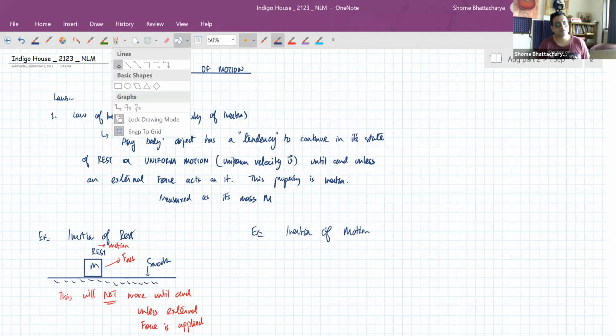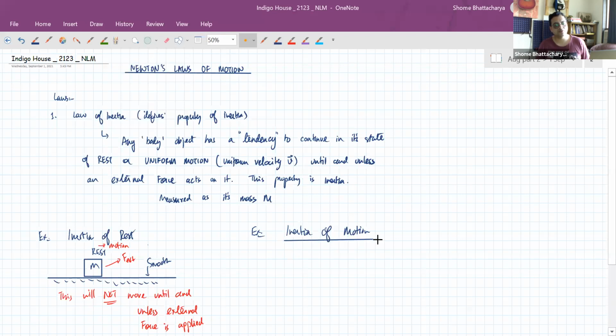So let's say we have already applied a force on a body for some time, and thereby it's brought into a state of motion. So this body is moving at uniform velocity on a frictionless surface. So in this chapter, all the surfaces we'll be dealing with are smooth or frictionless surfaces.